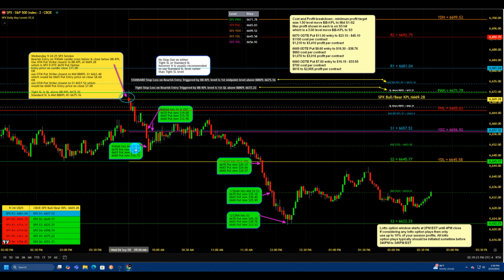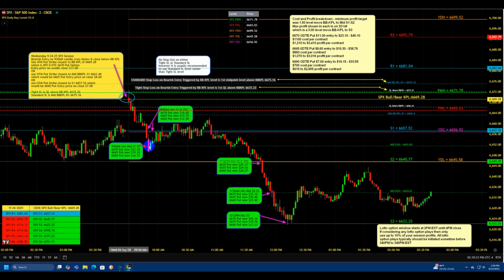So for example, if you had 5 contracts that you bought here for $11 that were the 66.70, when it gets down here to 23.10 after this 1.5 level move, then you would sell 4 of the 5 for 23.10.